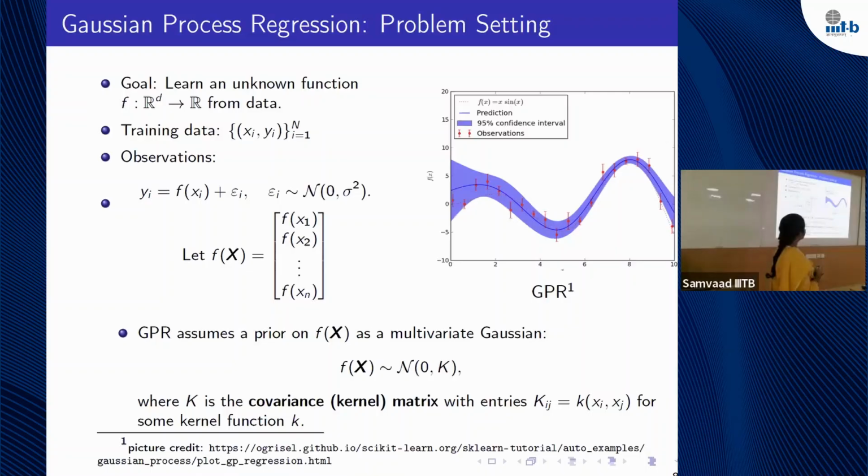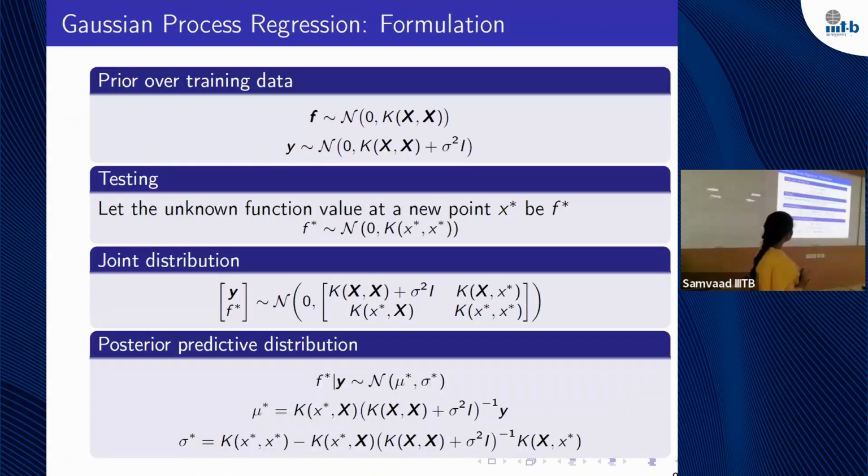So this is the band. If this is the x star at which I want to find f of x star, then this is the band, or the uncertainty region, that I also specify in addition to the mean of that distribution. So I say what the mean is, and I also say what the standard deviation is. So I can therefore say with this much confidence, my f star will lie in this range.